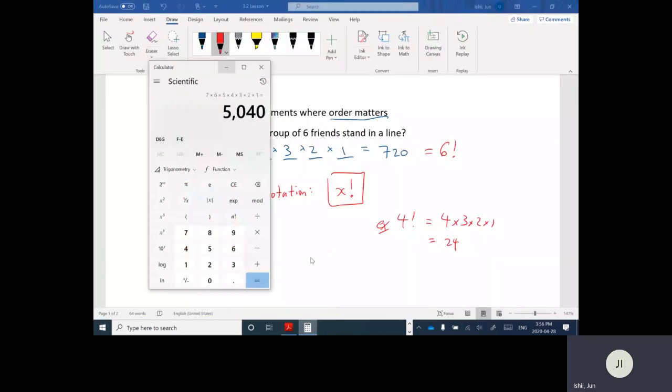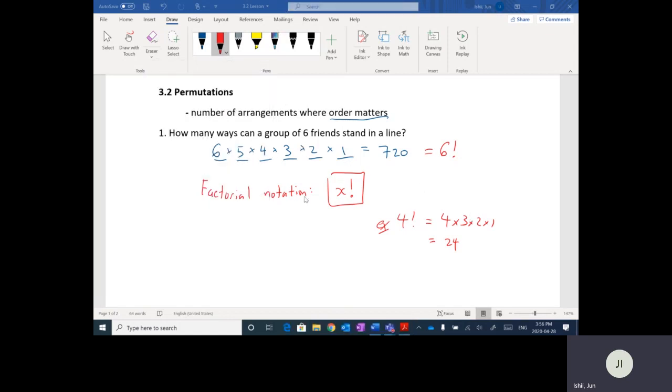So 4 times 3 times 2 times 1, we can do that in here, so 24. So 4 factorial is 24. This calculator has the factorial button here, so if I punch in 4 factorial, I do get 24. Now, this is going to be handy when we look at the formula for these permutations.